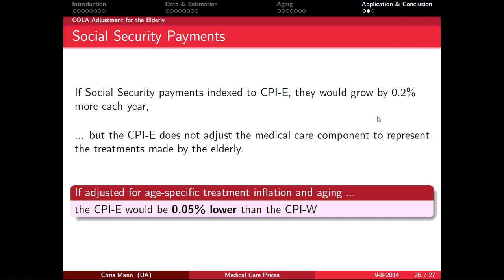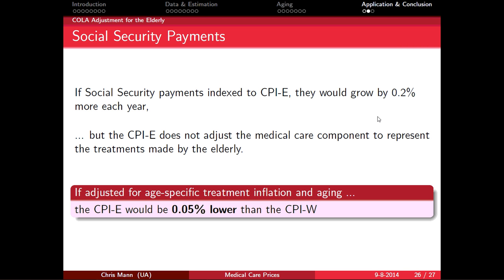Much lower. We even found that it was lower than the headline rate of inflation. Now, if they spend a lot more, that's just because their treatments are more expensive on average.